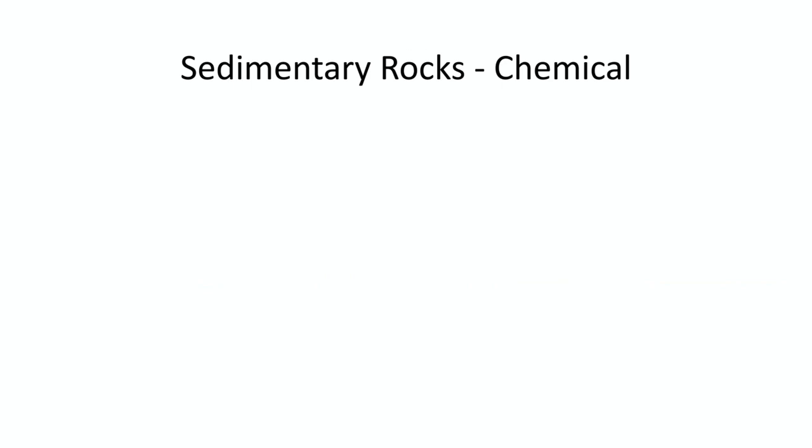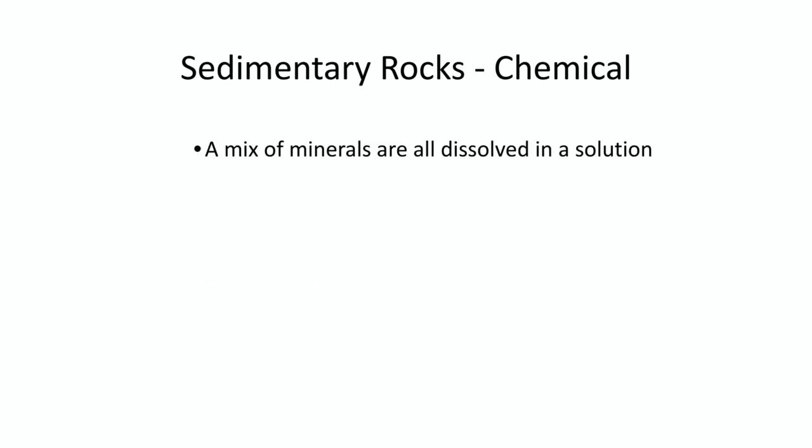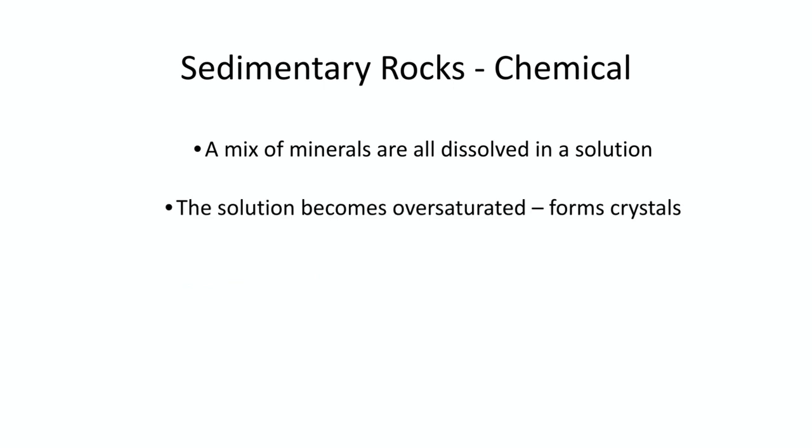Whew. The last subcategory of sedimentary rocks are the chemical sedimentary rocks. Chemical sedimentary rocks form when you have a mix of minerals that are all dissolved into a solution. That solution will become oversaturated and start to form crystals.